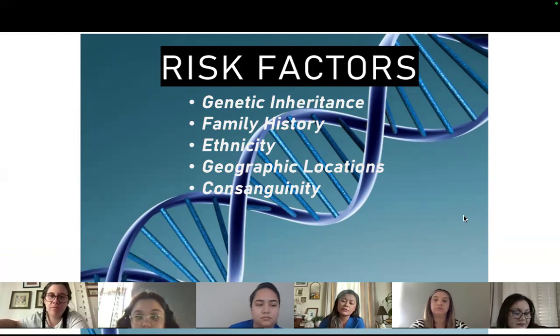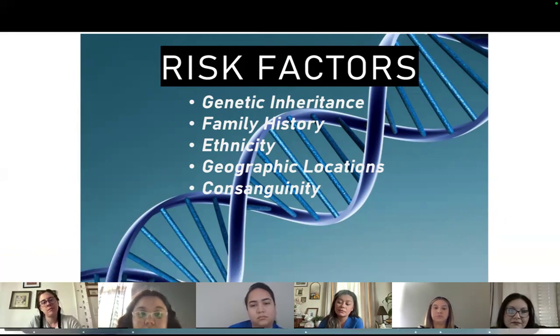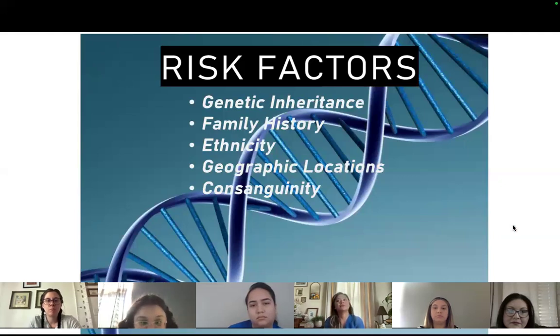Another would be family history: having parents, siblings, or other family members with cystic fibrosis increases the likelihood of inheriting the disease. Ethnicity: it is more common in Italian Caucasians or those of Northern European descent, Hispanic, Native Americans, the Middle Eastern population, and African and Asian populations.